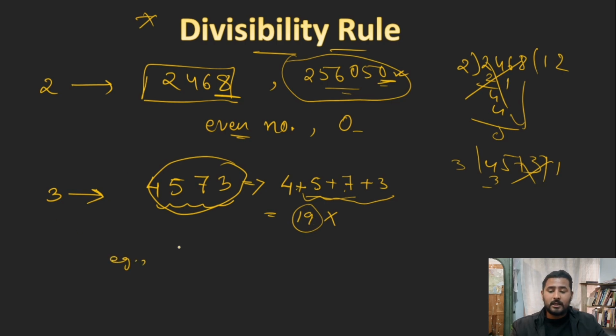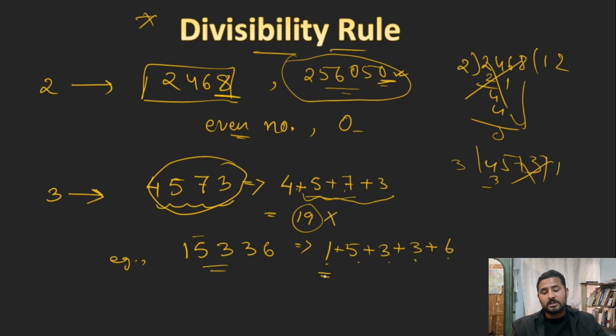Suppose you have a number, say 15336. To check if it is divisible by 3, what I said is add all the digits: 1 plus 5 plus 3 plus 3 plus 6. 1 plus 5 is 6, 6 plus 3 is 9, 9 plus 3 is 12, 12 plus 6 is 18.